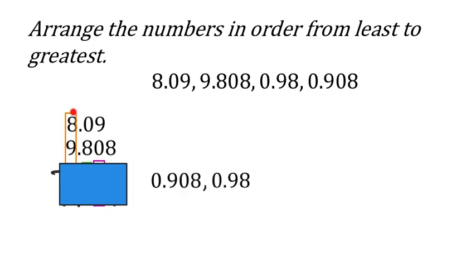But back here in the ones place value, the numbers we started with are already different. The 8 is smaller than the 9, which means that we don't need to compare any other place values between those two. You've got 8 and 9 hundredths, and then you've got 9 and 808 thousandths. So that places all four numbers in order from least to greatest, and that's what we want.